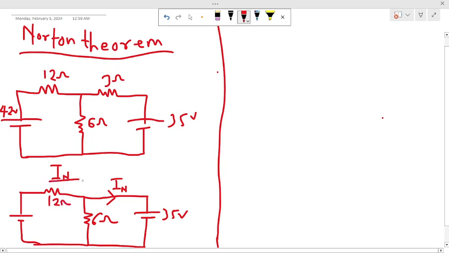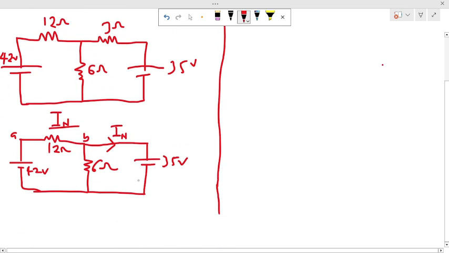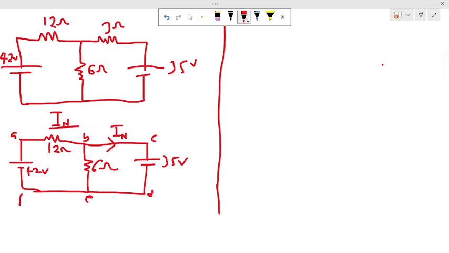Now the Norton's current is what we are finding. Then this place is 42 volts. Now let's represent here by A, B, C, D, E, F. Now taking a loop, let's suppose a current I flows from this terminal.